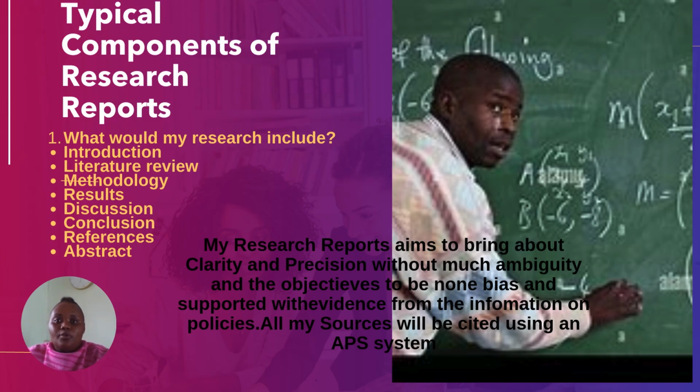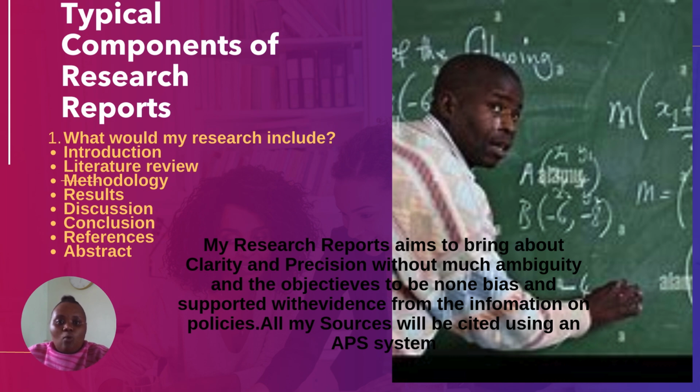These are the typical components of research reports. So you get introduction, literature review, methodology, results, discussion, conclusion. My research report aims to bring clarity and precision without much ambiguity, and objectives to be non-biased and supported with evidence from the information of policies.